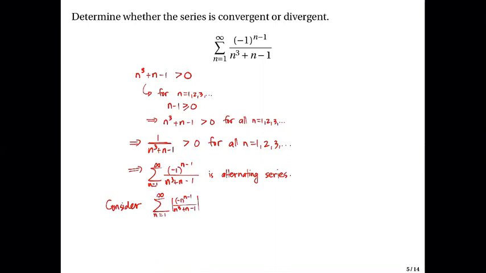You can just write this as 1 over n cubed plus n minus 1, from 1 up to infinity. The absolute value of -1 is just positive 1.